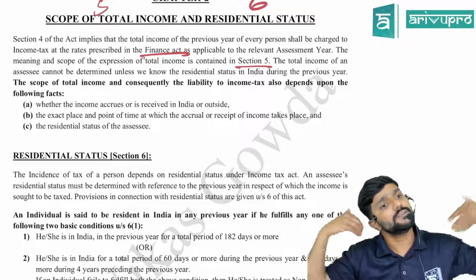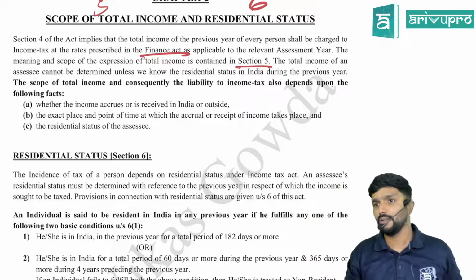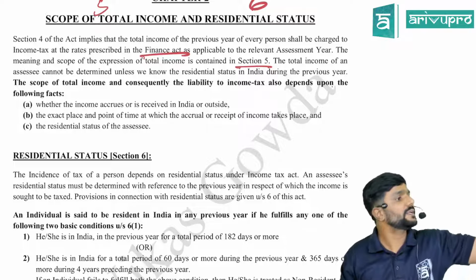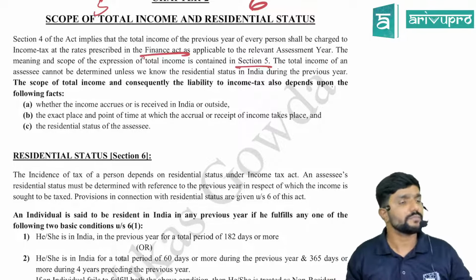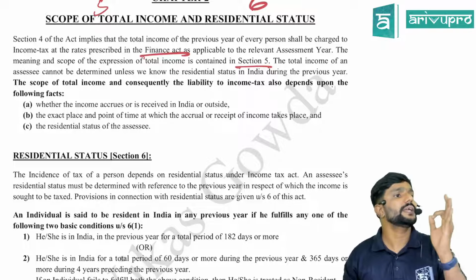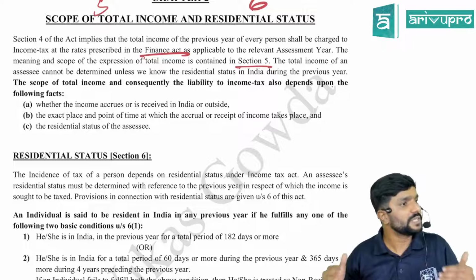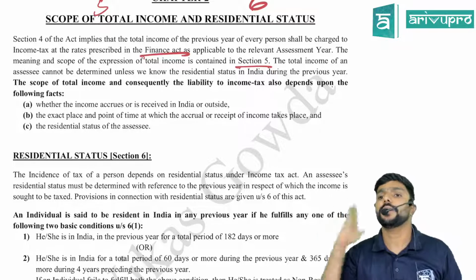Will he become a resident forever? No. We have to check it for each and every year separately. Just because he was a resident in the last year doesn't mean that he will be resident in the current year also. So residential status has to be checked for each and every year. Now we have to check for our previous year, 23-24.